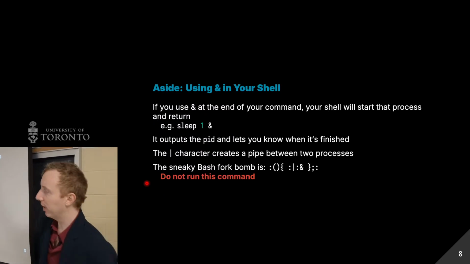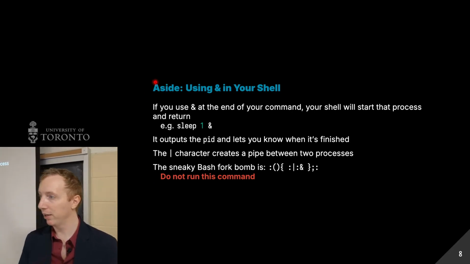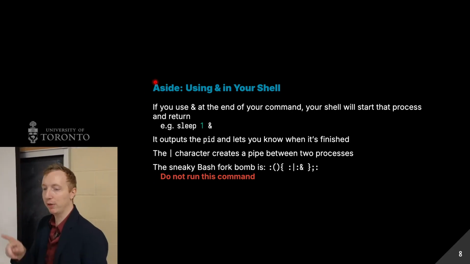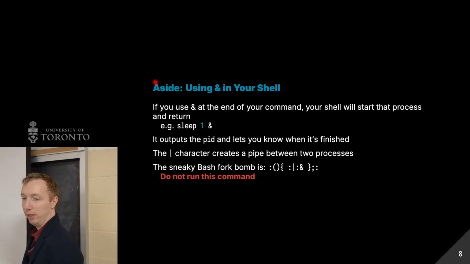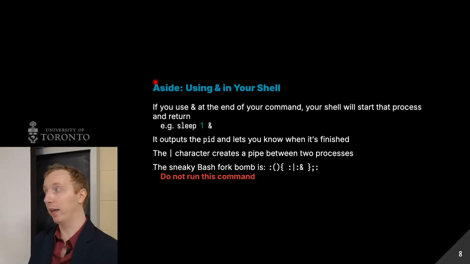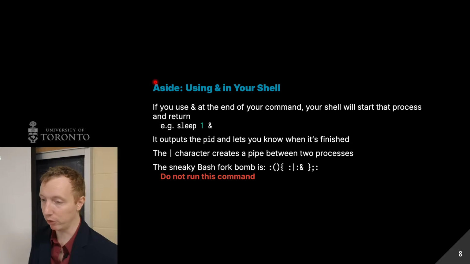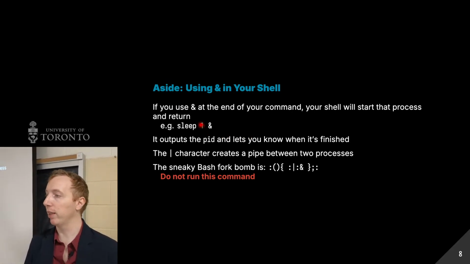So here's an aside. Someone mentioned the fork bomb before. As an aside, you can use the ampersand in your shell. If you use ampersand at the end of your command, your shell starts that process and immediately returns. So if I do sleep 1 and ampersand, I can immediately write in my terminal again. That's because essentially it will do a fork, and then it will not wait for it.